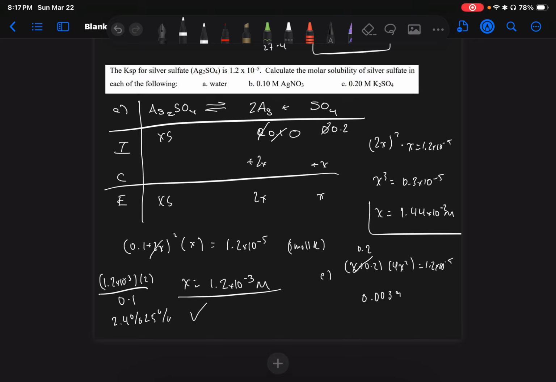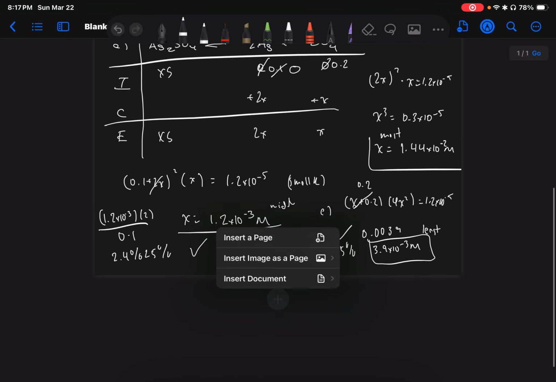Is that right? Yes, sir. 3.9 times 10 to the negative 3 moles. Check the rule. Divide this by 0.2, times 100. 1.9% is less than 5%, so we're chill. Okay, boom, so there you go. You could see that this is the most soluble, this is the least, and this is the middle. I think. Yeah, it should be right.